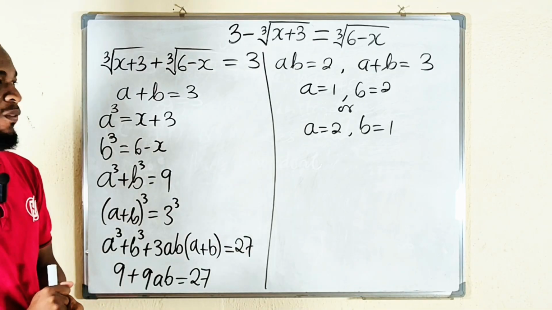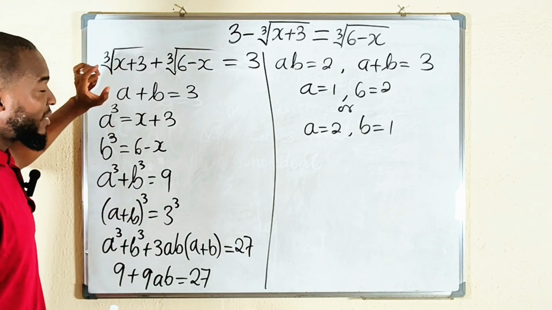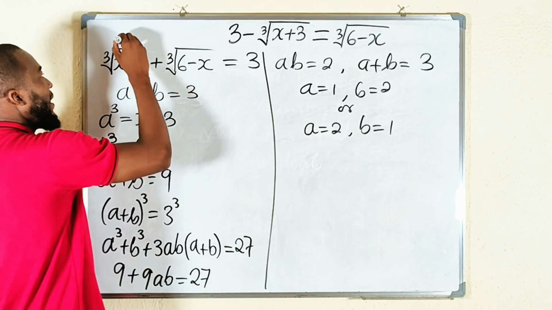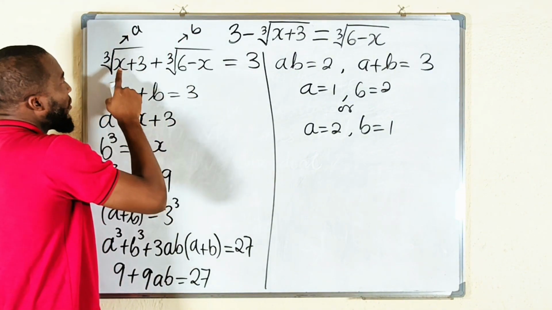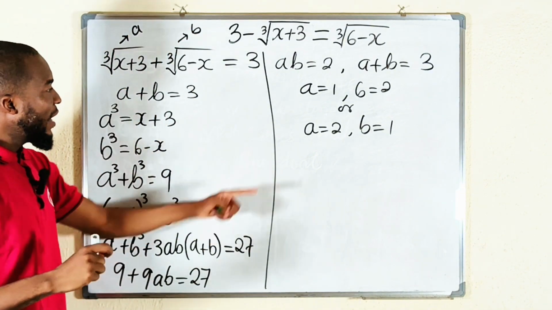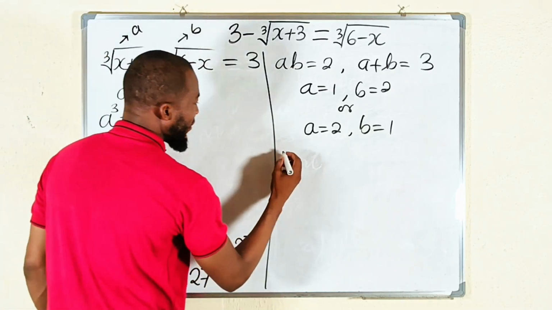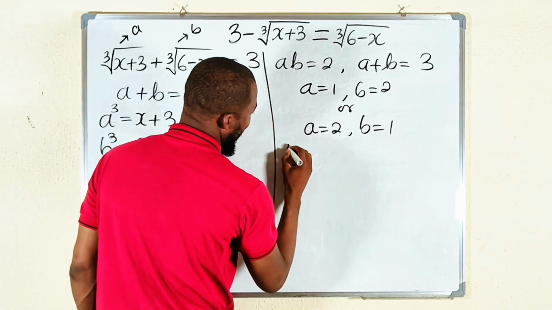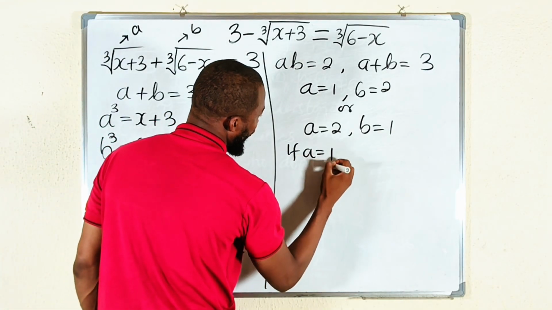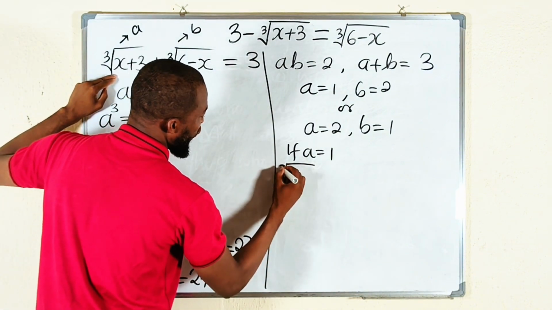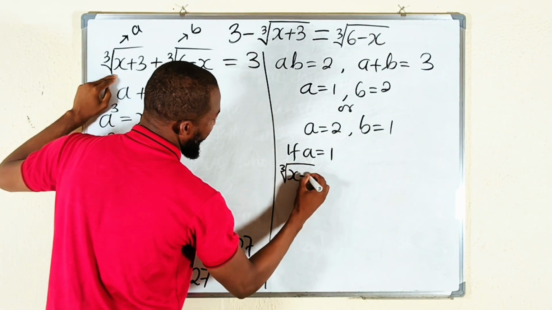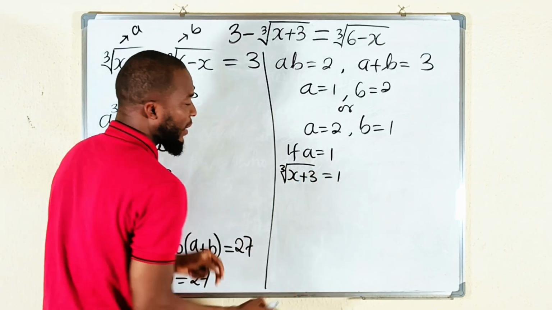But where should we plug them? We are going to plug them here, because remember, I mentally declared this with A and this with B. So this is A. If A is equal to 1, the whole of this, cube root of x plus 3, is equal to 1.